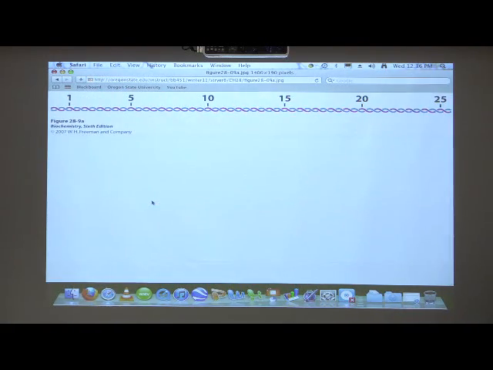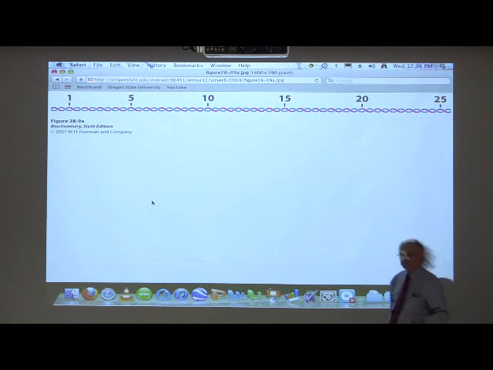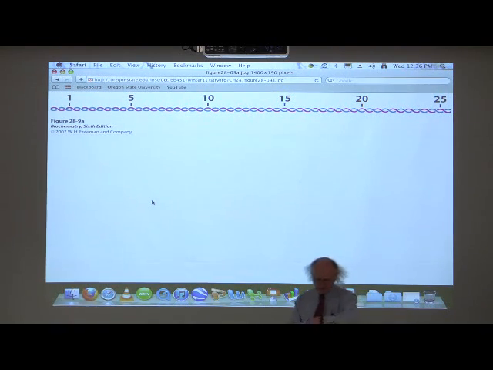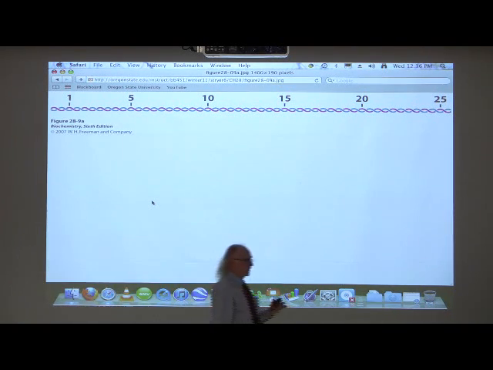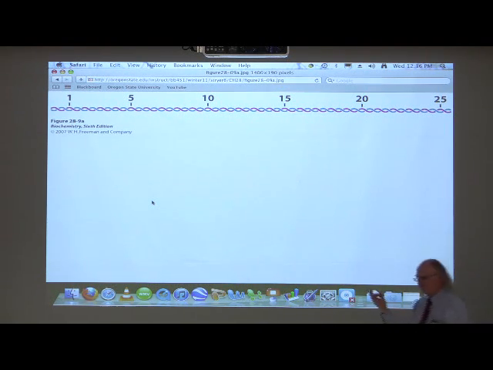So let's start here. I've got a duplex. This duplex has, in this case, 250 base pairs, 10 base pairs per turn, and it's relaxed. It's laying there on the table. It's not doing anything. We have 3 numbers that are of importance to us with respect to the topology of this molecule: linking number, twisting number, and writhing number, L, T, W. There's an equation that describes them.